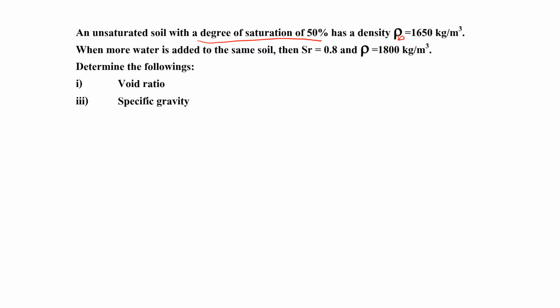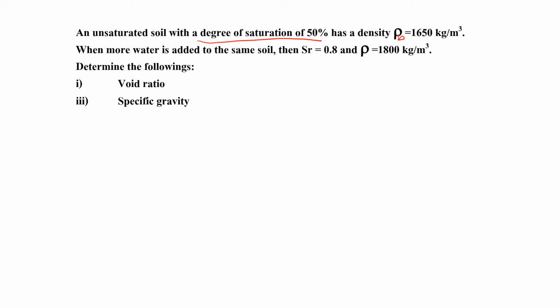Next, the question also stated that when water is added, which means that more water is added to the similar soil, the degree of saturation increased to 80% or 0.8, and similarly the bulk density also increased to 1800 kilogram per meter cube. So there are two conditions here.